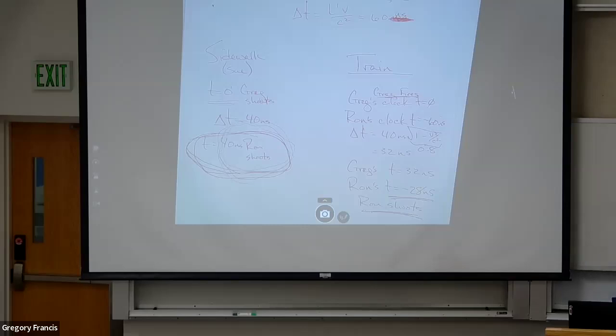Tangent of the Brewster angle is equal to N2 over N1. And so that means the Brewster angle is going to be the inverse tangent of 1.33 over 1.